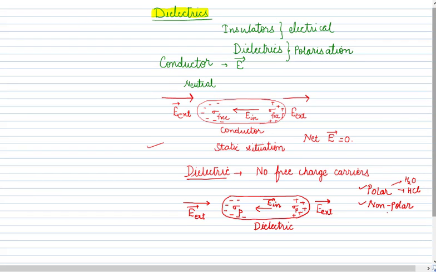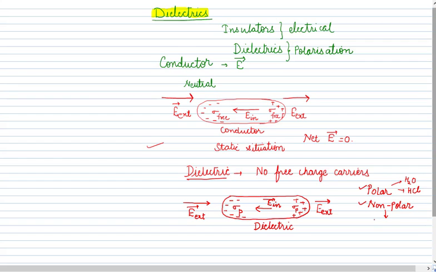Whereas in non-polar molecules, the centers of positive and negative charges coincide. The center is at the same place. Positive charge and negative charge have their center at the same place and they have no permanent dipole moment.